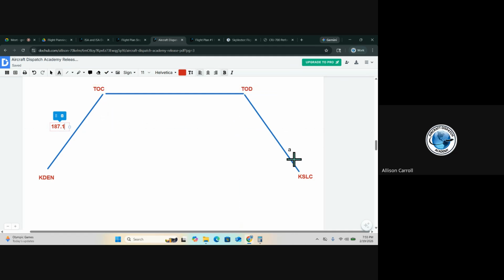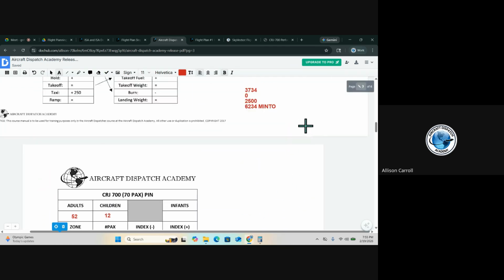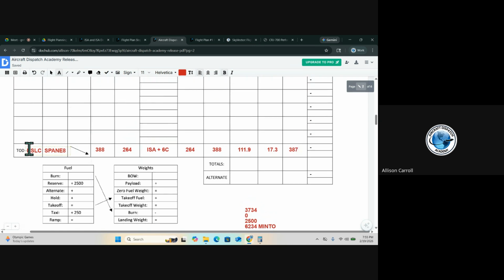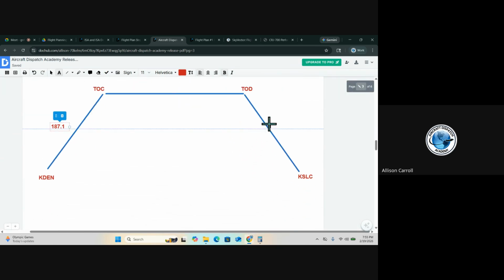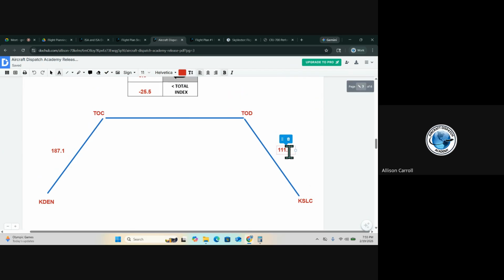Now, top of descent into Salt Lake, the performance charts gave me that distance as well. My descent chart gave me 111.9. So descending from 38,000 feet into Salt Lake, it's going to take me 111.9 miles, right?